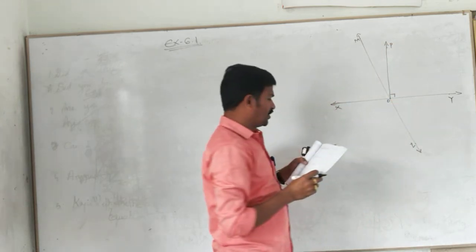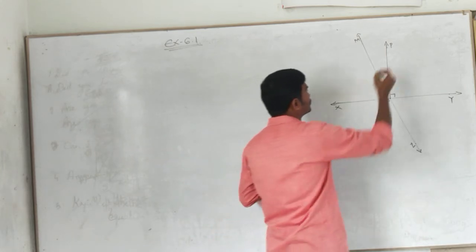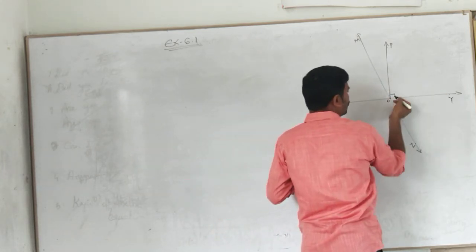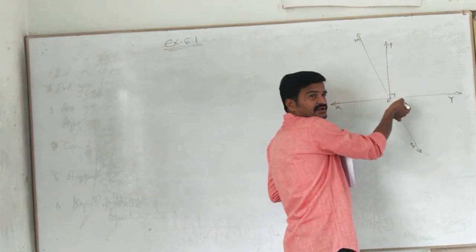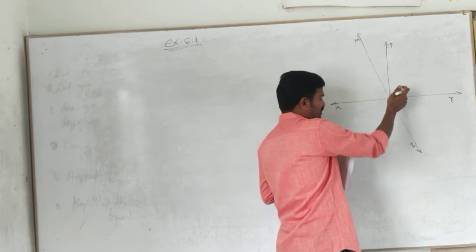So angle POY is 90 degrees. Obviously this symbol indicates 90 degrees only, na? So it is 90 degrees.